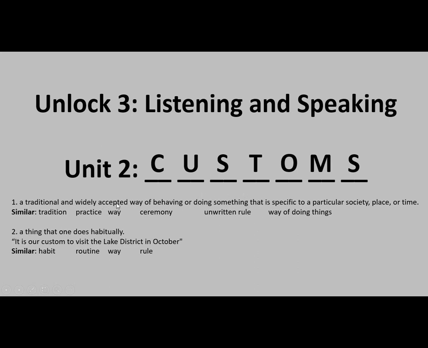So these are accepted ways of behaving or doing something, and they are specific to a particular society. For example, Saudi society, not American society, not Spanish society, place or time. So again, customs are ways of behaving or ways of doing something in a particular society, place, or time.